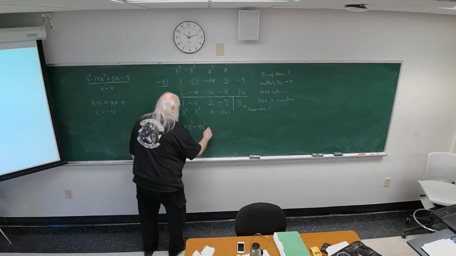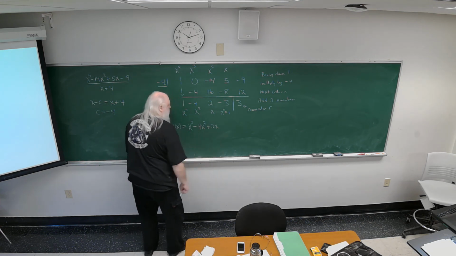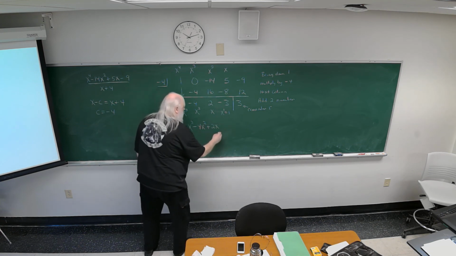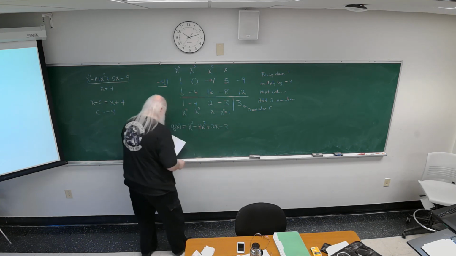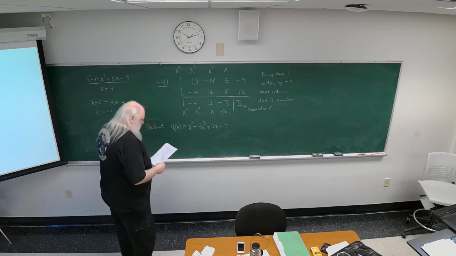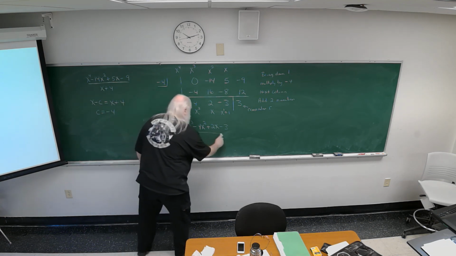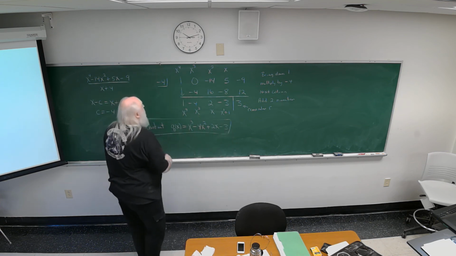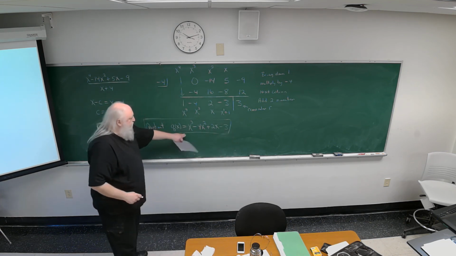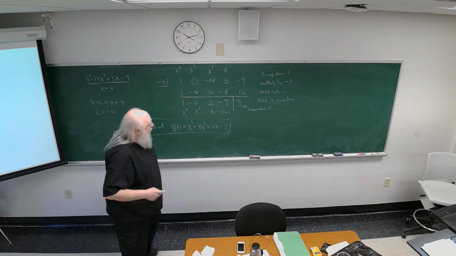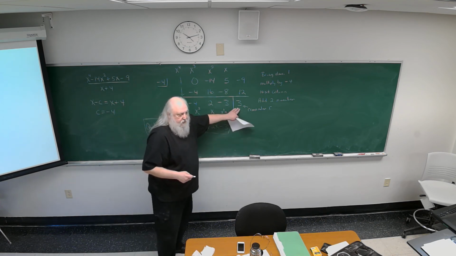And 2 times x is 2x, and then minus 3 times 1 is minus 3. So our quotient from the synthetic division is this third degree polynomial, and our remainder is plus 3.